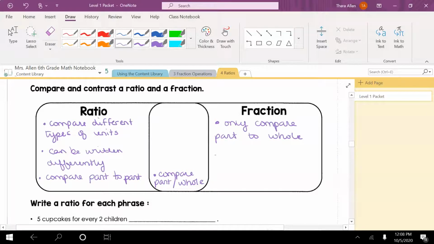You are also, with fractions, comparing the same type of units. And then another thing that they have in common is they can both be written in fraction form.